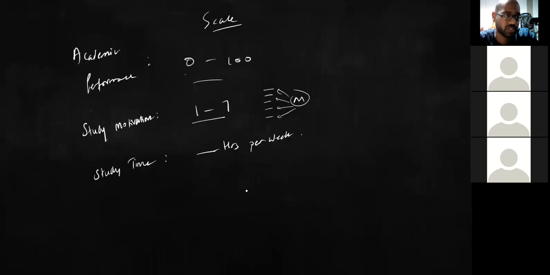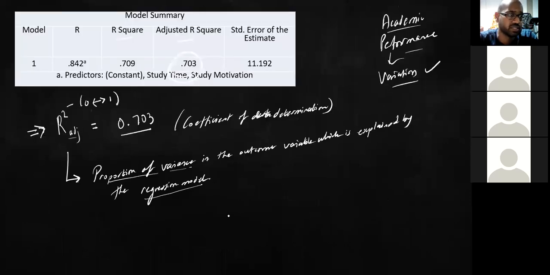That's our regression model, which you can represent in the form of an equation. If we just take the notations y and x, it's going to be y equals beta 0 plus beta 1 x1 plus beta 2 x2 plus the error term. It can be written as e or epsilon.